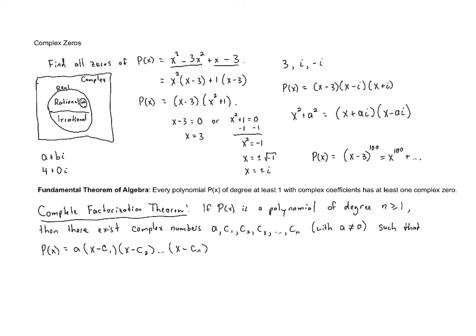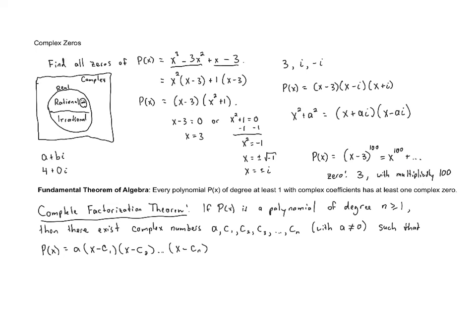In this example that we looked at up here, the zero that we have is the number 3, and because it occurs 100 times, we say that 3 is a zero with multiplicity 100. It's just saying that 3 appears as a zero 100 times.